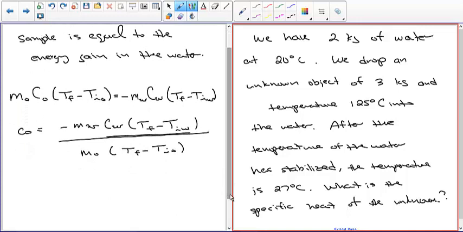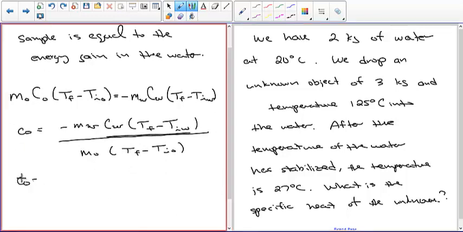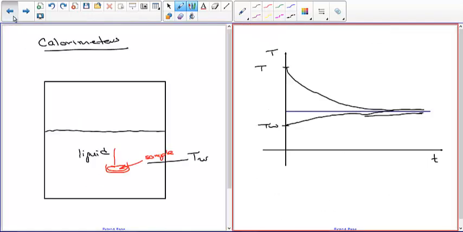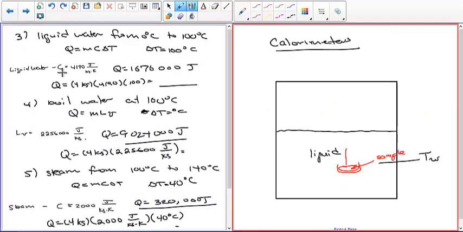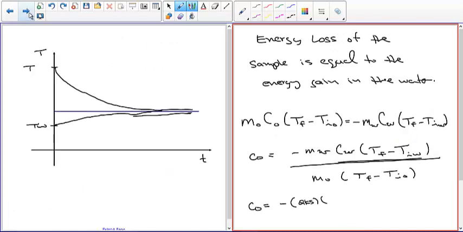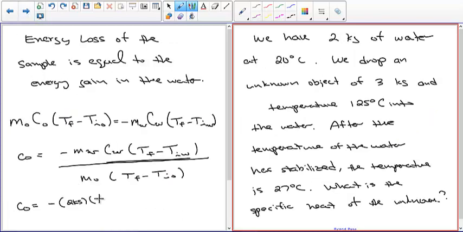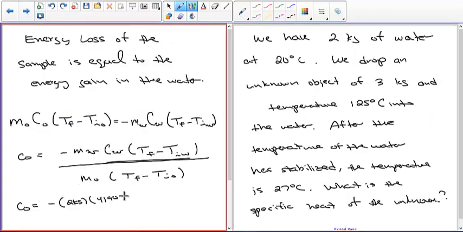So all we have to do is plug into the equation, right? That's pretty easy. So we have negative the mass of the water. Mass of the water is 2 kilograms. Specific heat of the water is 4,190 joules per kilogram Kelvin. The final temperature is 27.